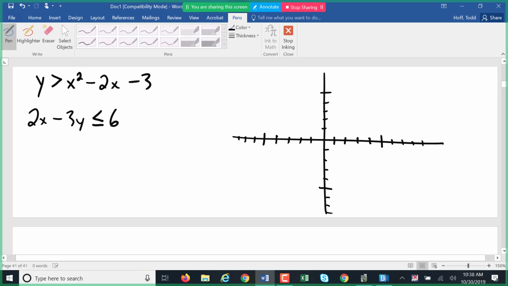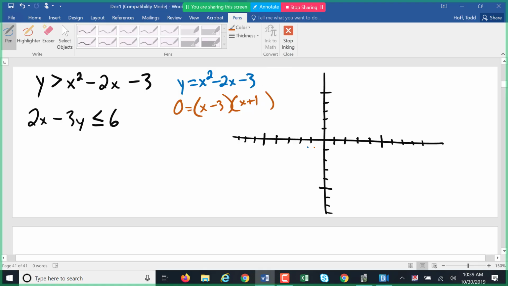So for the first one up here, we need to graph, first of all, that parabola y equals x squared minus 2x minus 3 to get our boundary. We're going to do that by setting y equal to 0 and factoring. So x squared minus 2x minus 3 is x minus 3 times x plus 1.